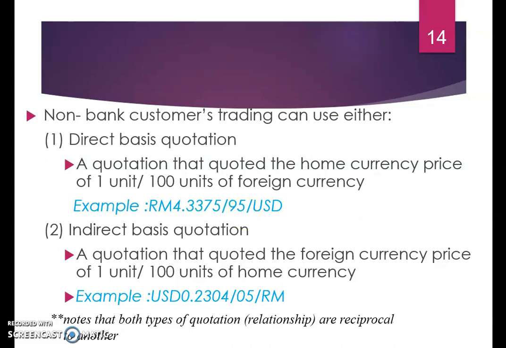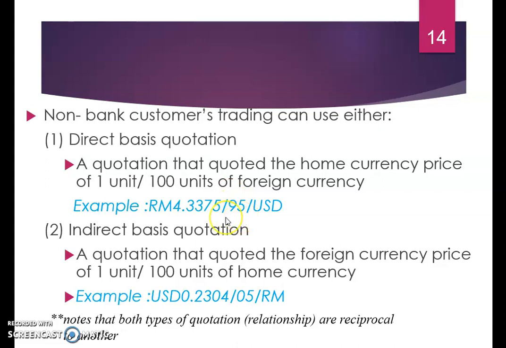How you quote this figure is the bid price is 4.3375, whereas the ask price is 4.3395. In a forex quotation, we do not repeat the same amount at the front. For this quotation, for the ask price, the different number is only the 95 at the back. That's why we just write 95 for the ask price.